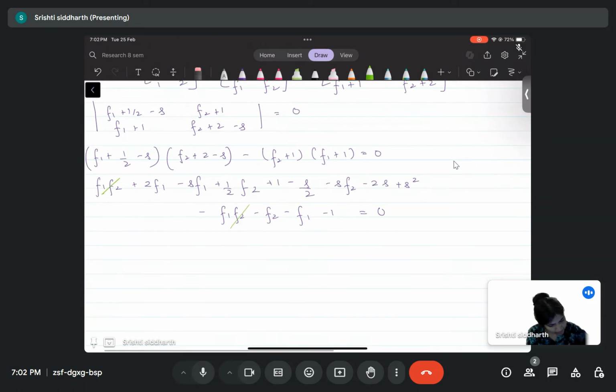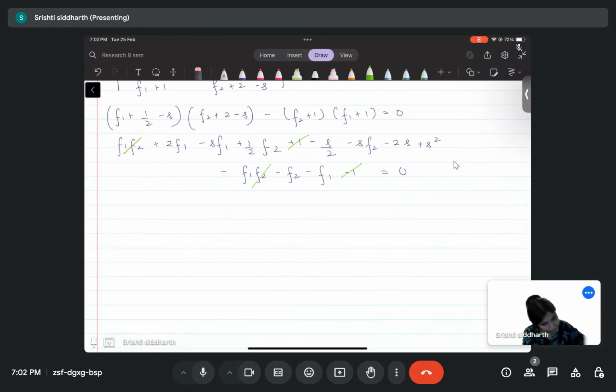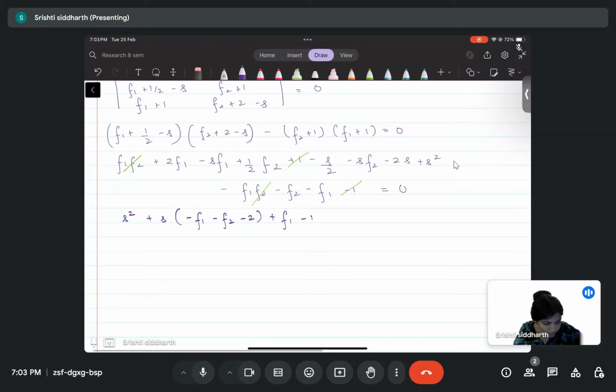So this goes away, and then we have minus f1, f2 minus 2, 2f1 minus f1, which is plus f1, and similarly minus half f2.